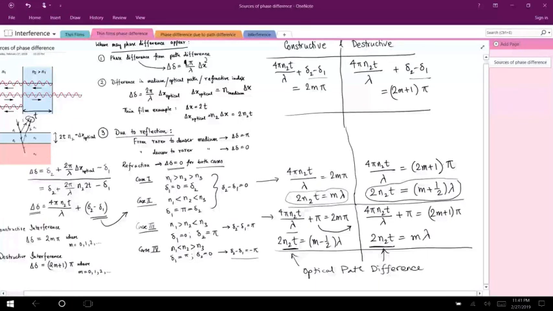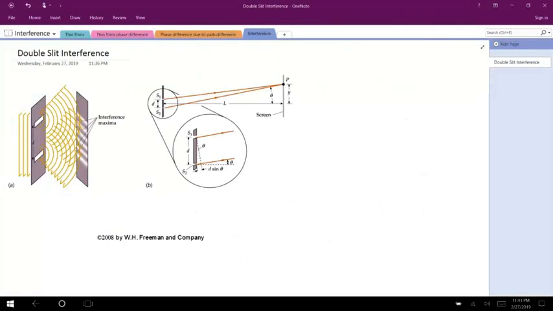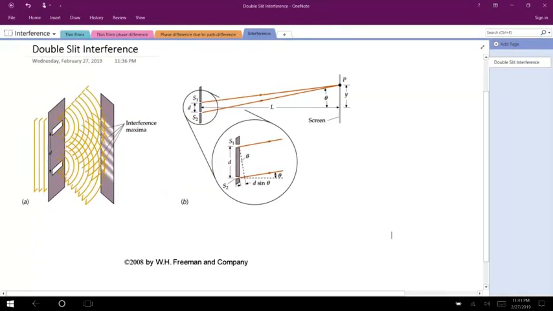We're going to switch gears and talk about a slightly different kind of interference. We'll talk about interference from two slits. So here in this picture, I have a source of light behind this first screen over here. Let's assume that there's a bright source of light, and we will think of that being like a laser light, so it has only one color of light coming out.